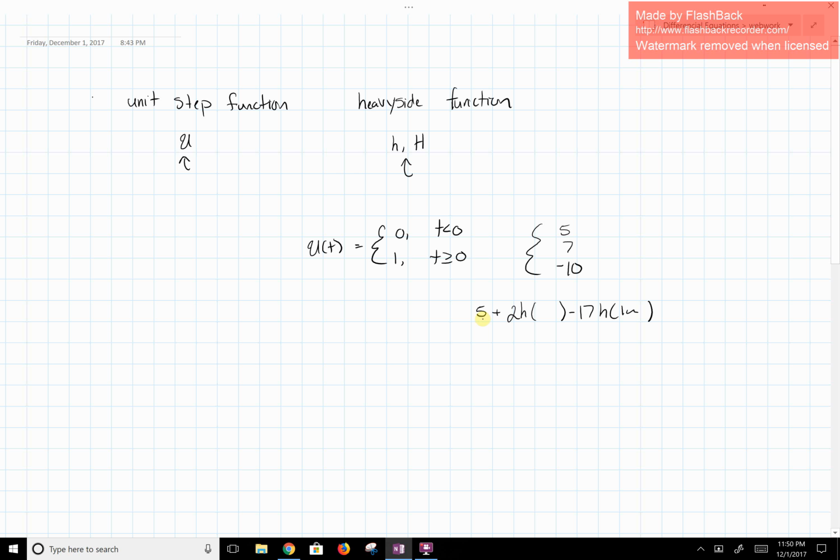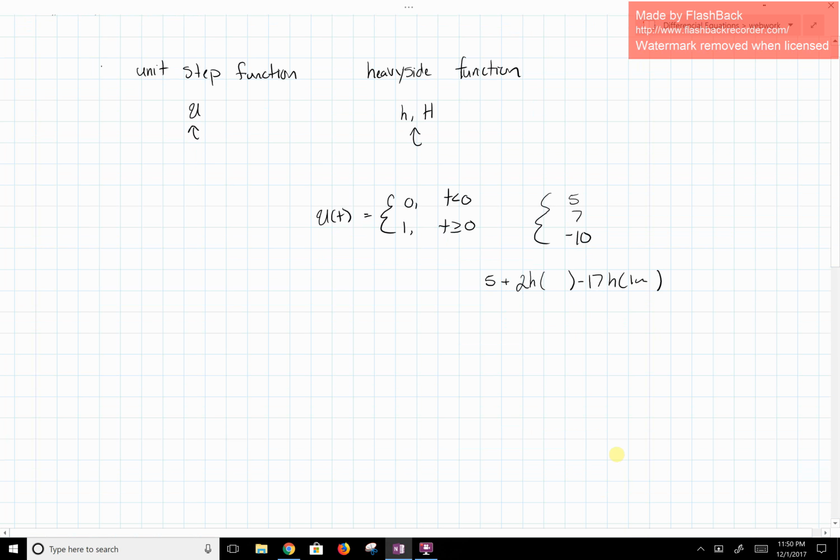So it starts at 5, goes to 7, subtract all the way to negative 10. So you're making sure that you're cumulatively thinking of how you're going through this graph, where each segment of the graph is.